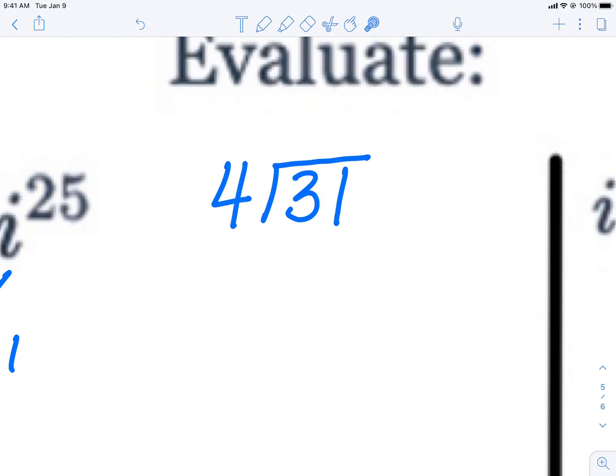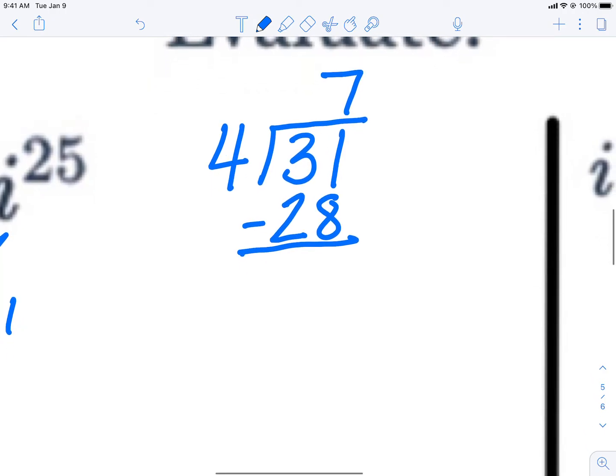So, use your calculator. How many times does 4 go into 31? You're going to get 7 point something, right? The 7 is what matters here. 7. So, 4 times 7 is 28. I subtract. 31 minus 28 is 3.